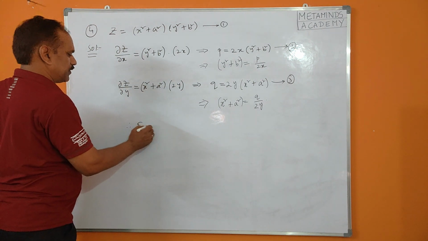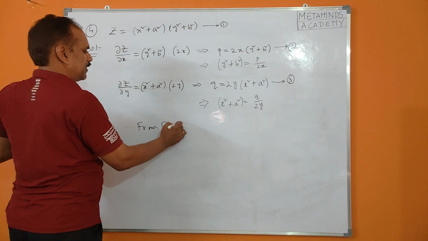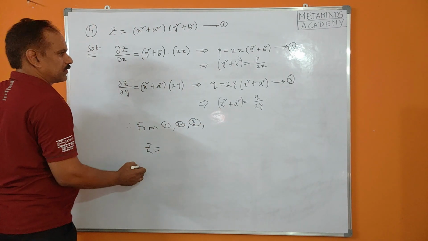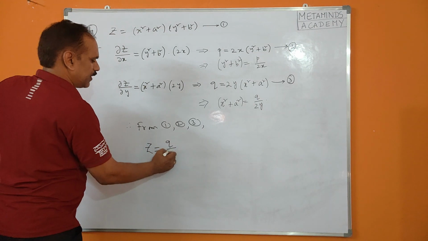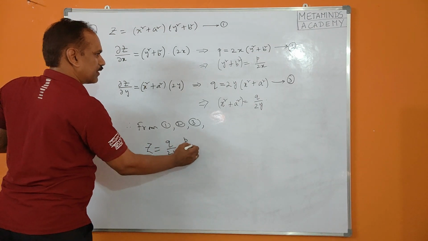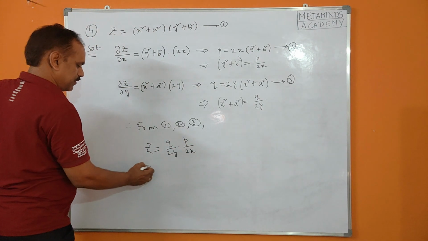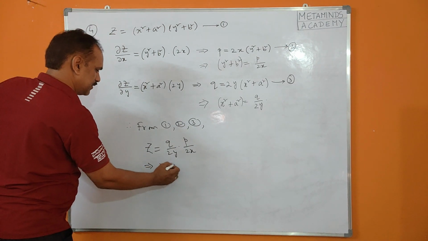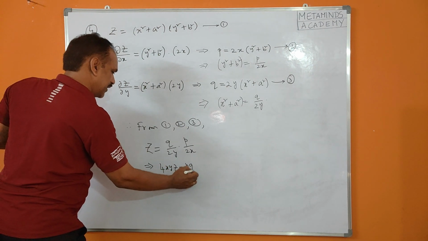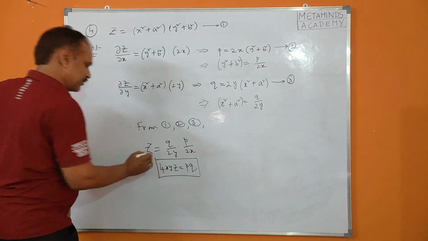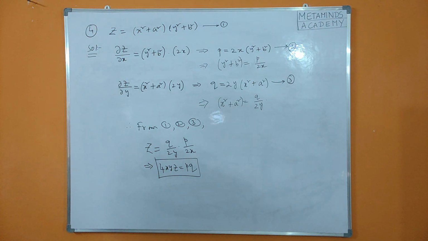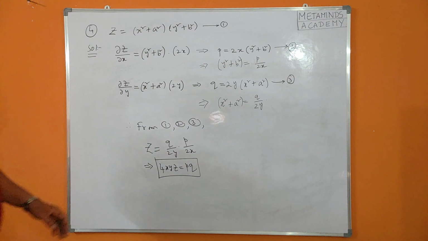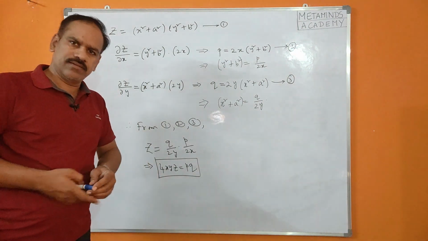Therefore, from equations 1, 2, 3, z equal to (q by 2y) into (p by 2x), or 4xyz equal to pq.